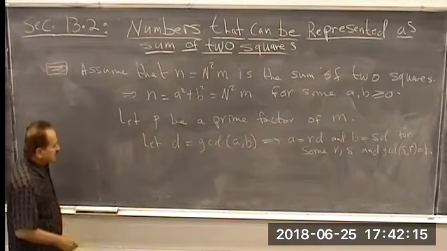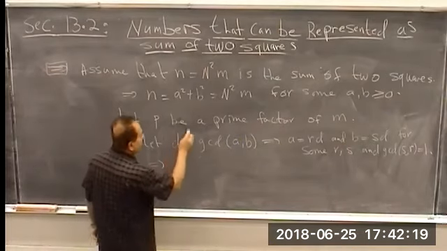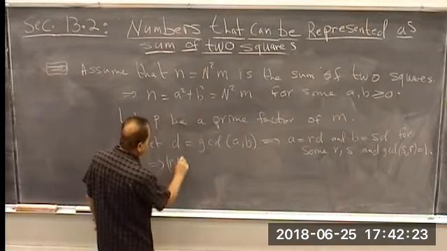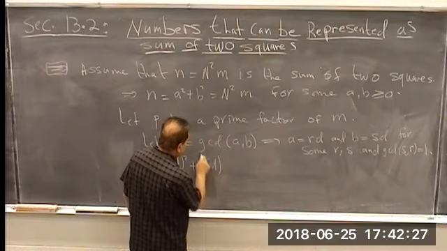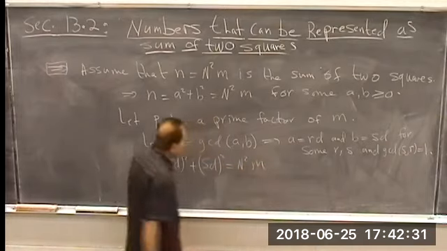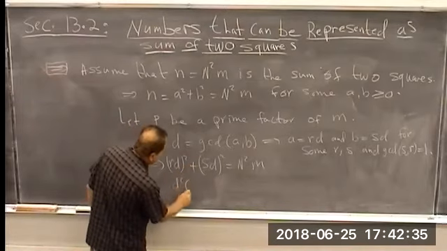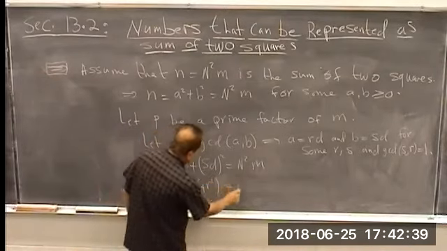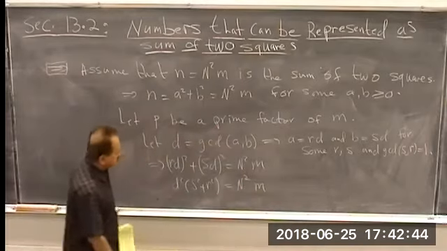All right, well, let's see what we get when we substitute in the a and the b: (rd) squared plus (sd) squared is equal to n squared m. And here we have d squared times (s squared plus r squared) equals n squared m.